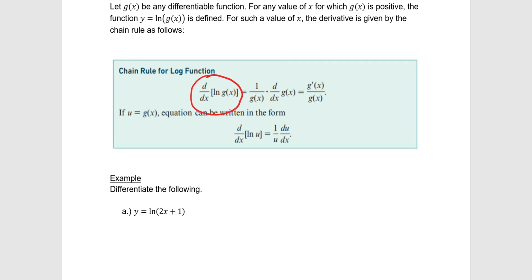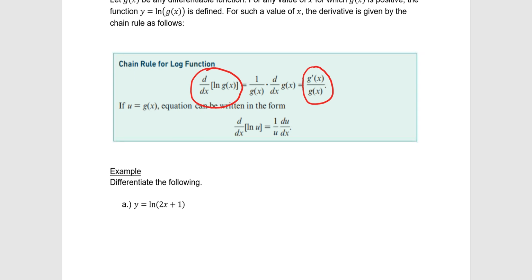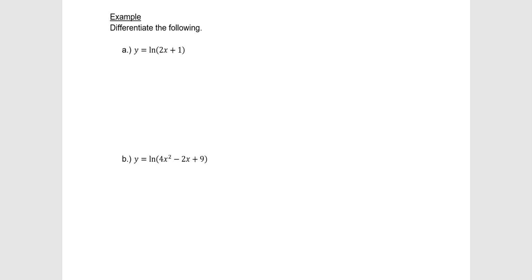When you do this using the chain rule, what you end up getting is the derivative is going to be g prime over g. So it's going to be the derivative of whatever this inside is divided by whatever that is. So I ignored everything else that I just have in that little box because that's kind of the important thing to know for this particular rule here. Okay, let's do a couple examples.